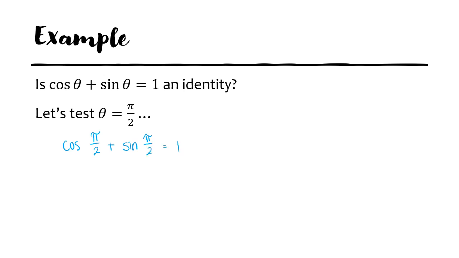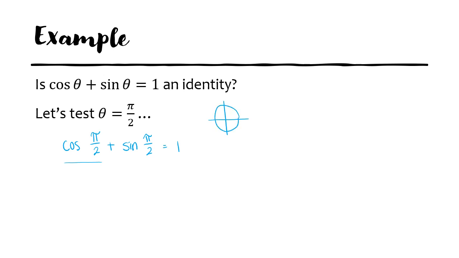We want to know, is that equal to 1? We might need to go back to our unit circle and figure out what exactly is cosine of pi over 2 again. Remember, if we translate that from radians into degrees, we'd be looking at 90 degrees. So we're looking at our unit circle perhaps.